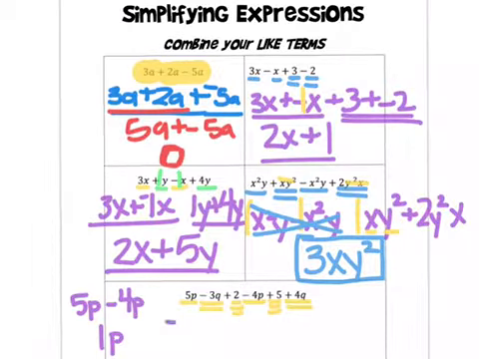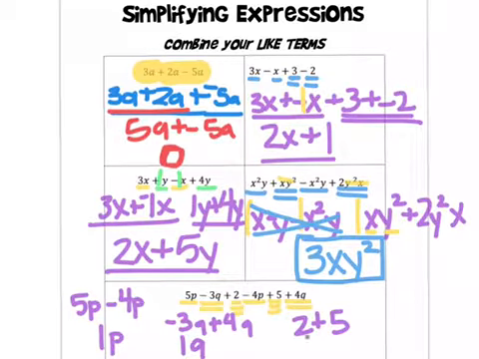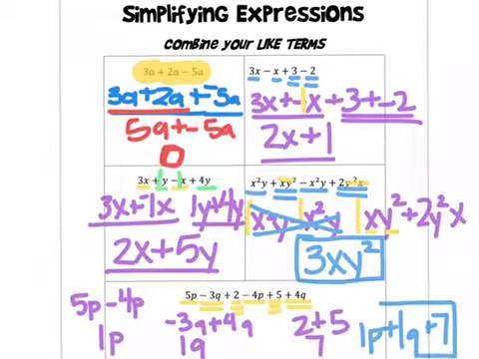We have negative 3q plus 4q. Well, that's 1q because negative 3 plus 4 is 1. And then we have 2 plus 5, which is 7. Now, we have simplified all of this, but we have to now bring it together. To bring it together, you just combine everything. If they're positive, you are adding them. So it's 1p plus 1q plus 7, and that is your final answer for this example.